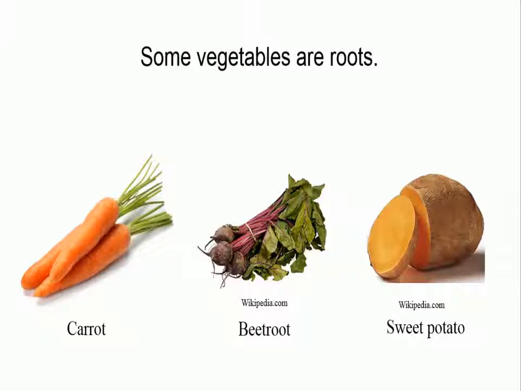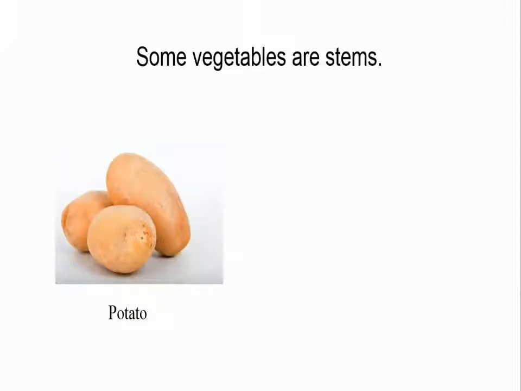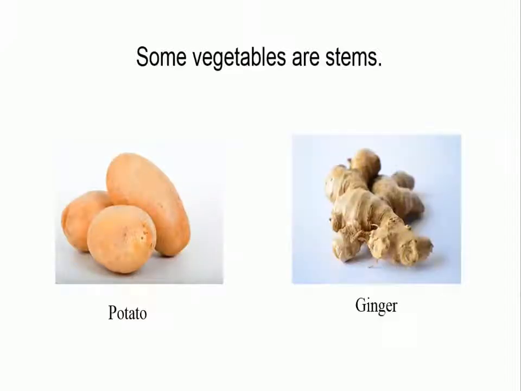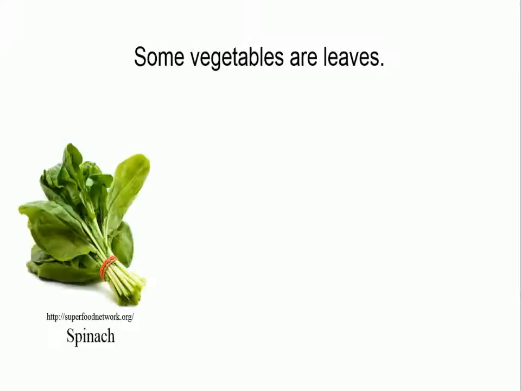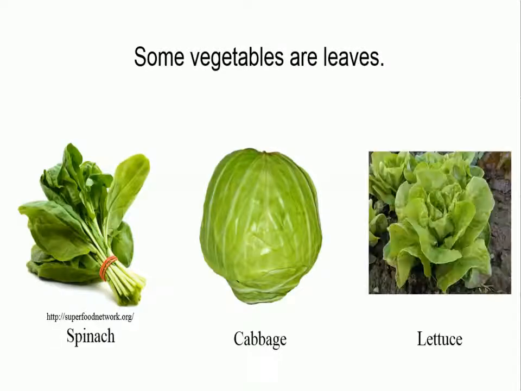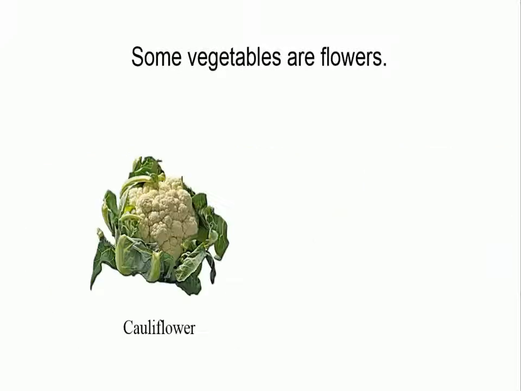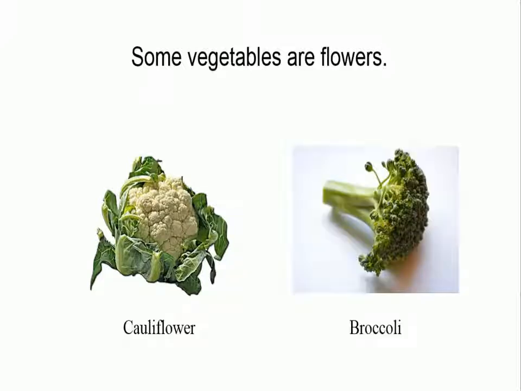All these are roots. Some vegetables are stems. Potato and ginger. Some vegetables are leaves. For example, spinach, cabbage and lettuce. All of them are leafy vegetables. Some vegetables are flowers. For example, cauliflower and broccoli.